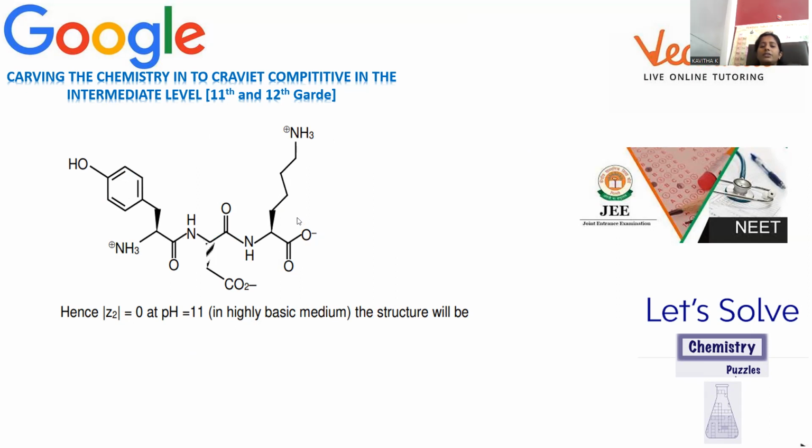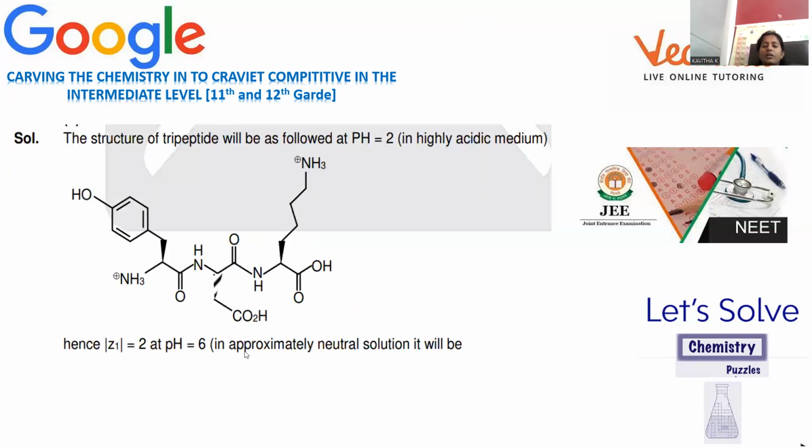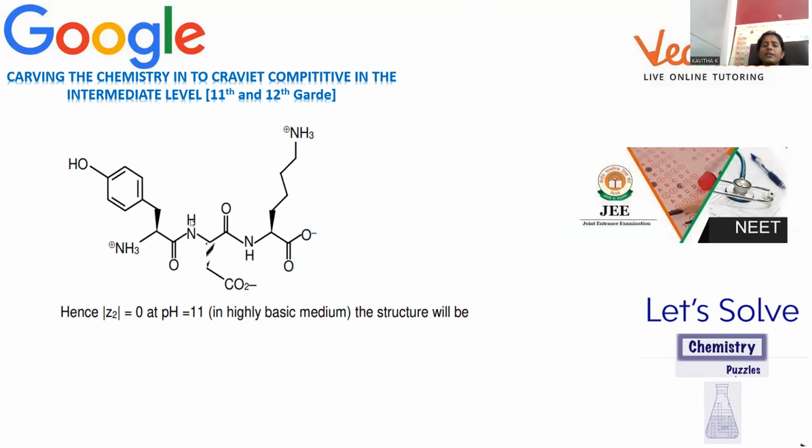If neutral, the charge count over there will be 0. How can we say 0? Here positive, here positive, here negative, here negative. Positive compensated by negative, positive compensated by negative. Net charge will become 0 over here. And this is the case for pH equal to 6.